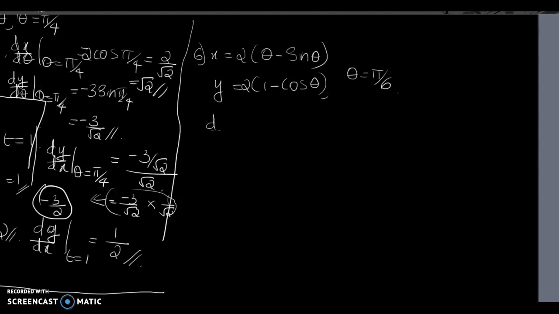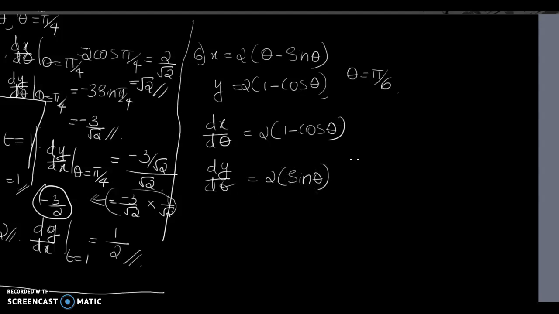So dx by d theta equals 2 into 1 minus cos theta, and dy by d theta equals 2 sine theta, since the derivative of cos theta is minus sine theta. Next, dx by d theta at theta equal to pi by 6 is 2 into 1 minus cos pi by 6.